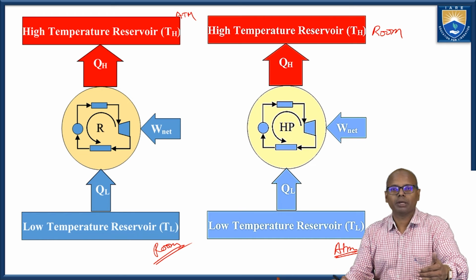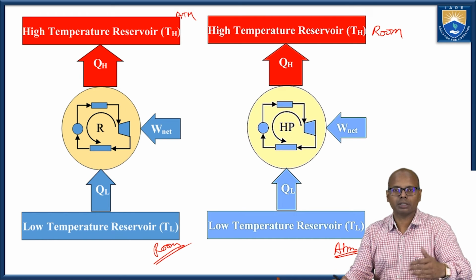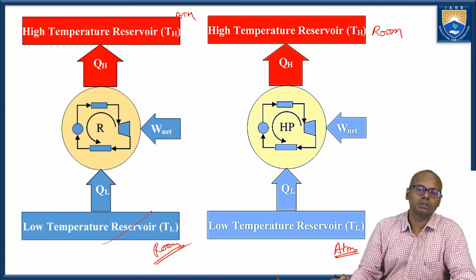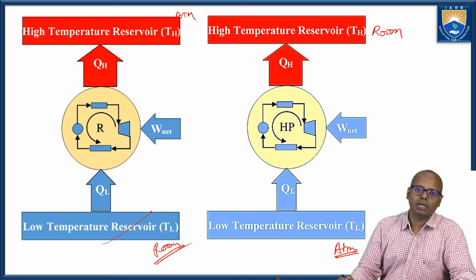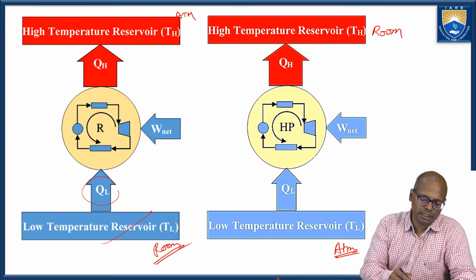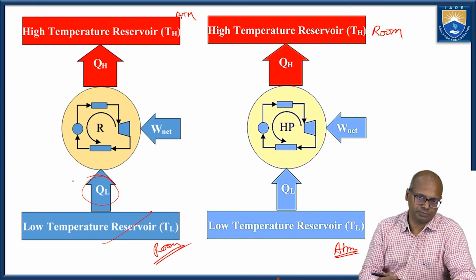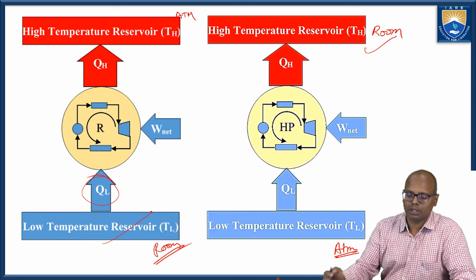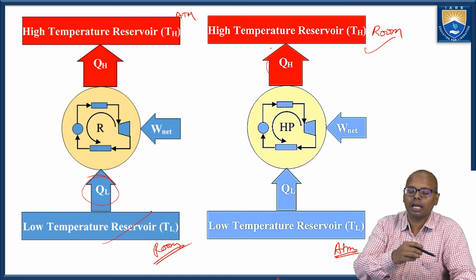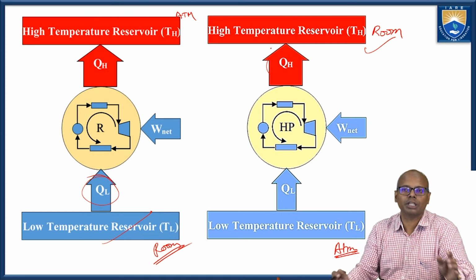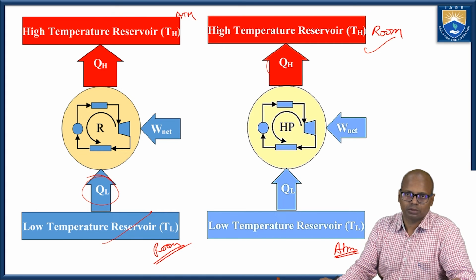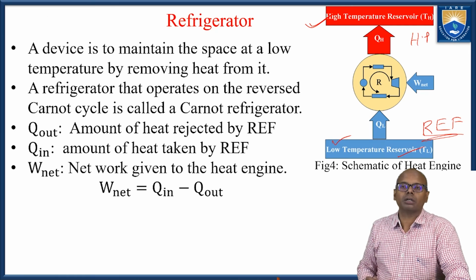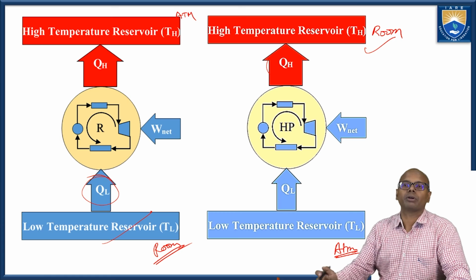If the aim is to keep the room cool, my focus is how much heat I can remove from the room. If the aim is to keep the room hot, my focus is the amount of heat I can supply to the room.